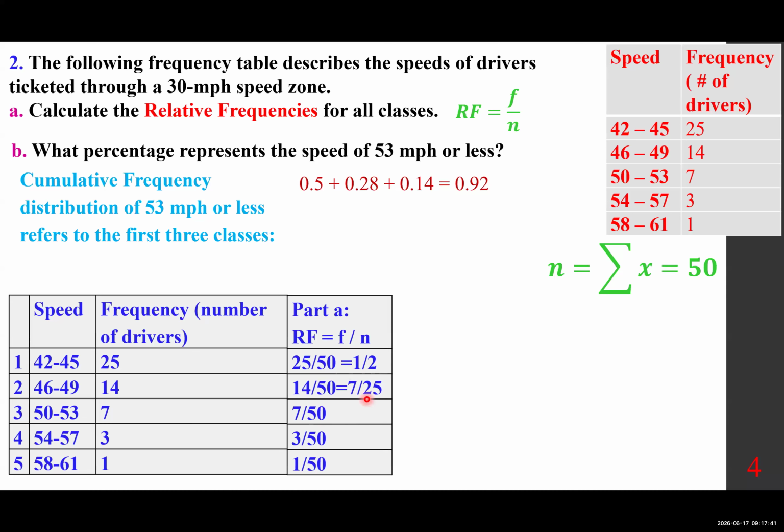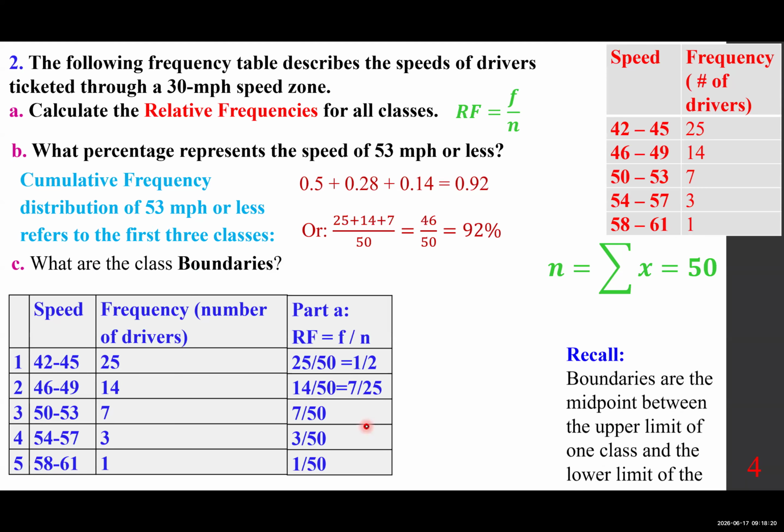This is 25 plus 14 plus 7 divided by 50, and then change it to a percentage. And that's the answer. That's the exact answer, anyways.